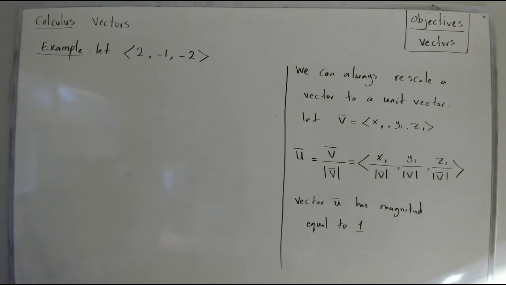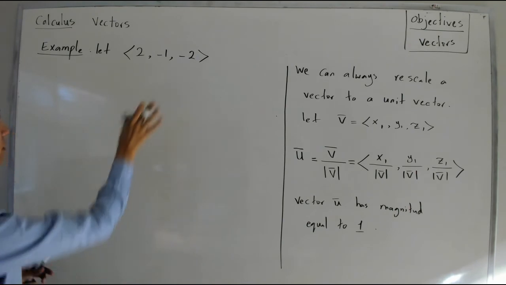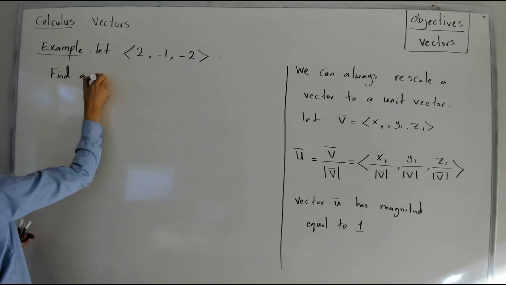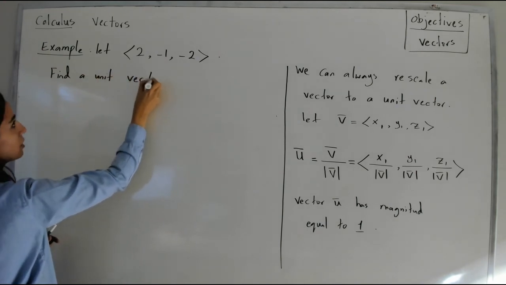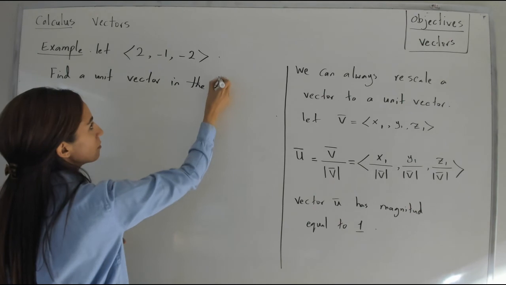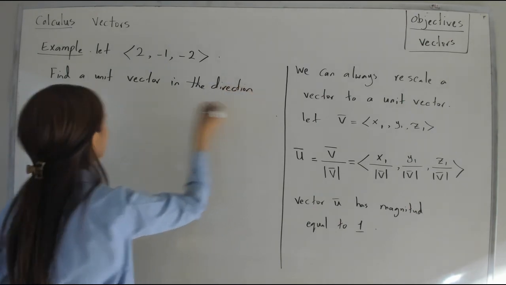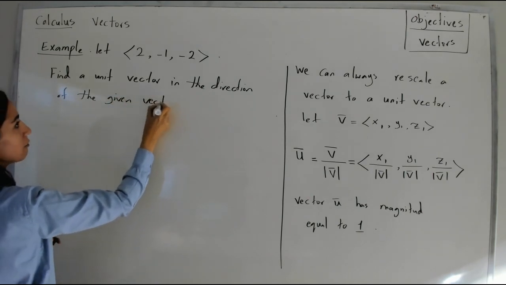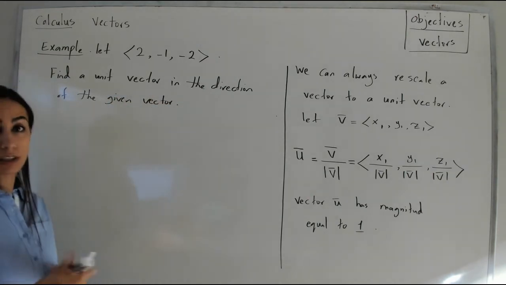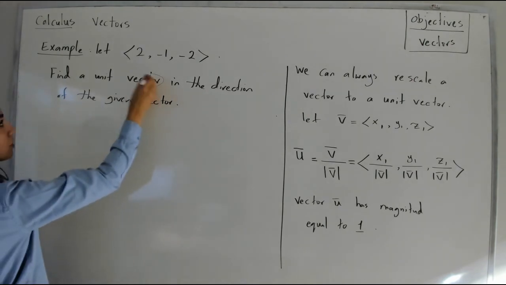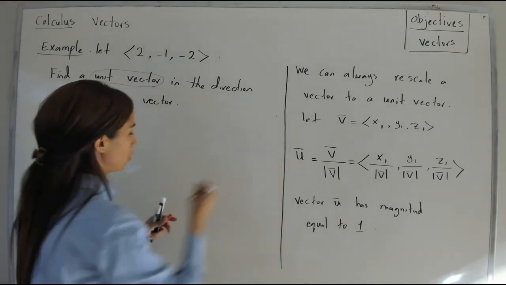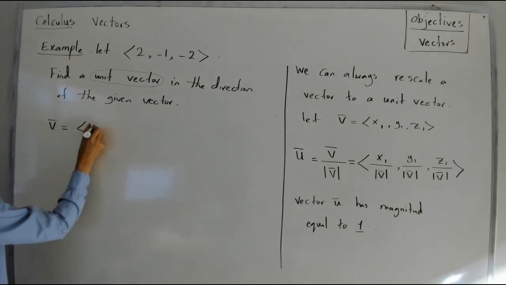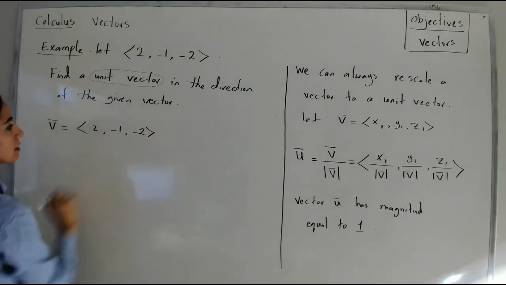The question says, find a unit vector in the direction of the given vector. So the key word here is unit vector. We're interested in finding this vector u. So suppose v is our vector here, 2, minus 1, and negative 2.